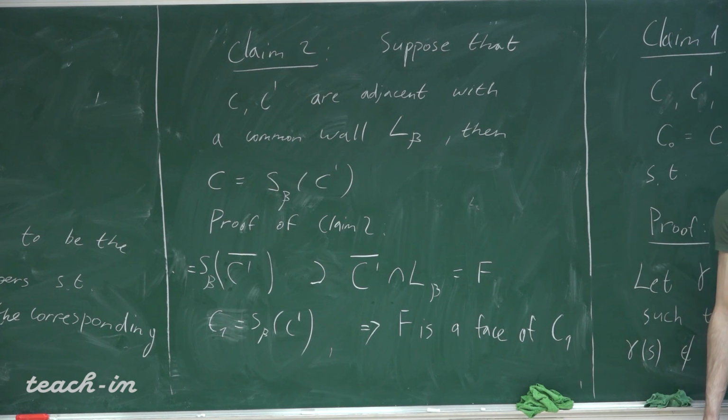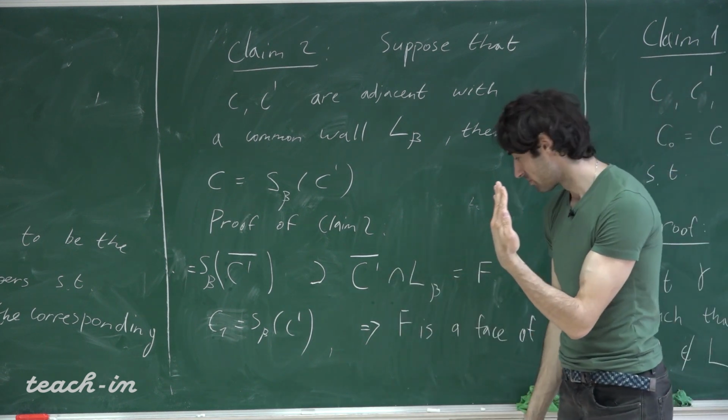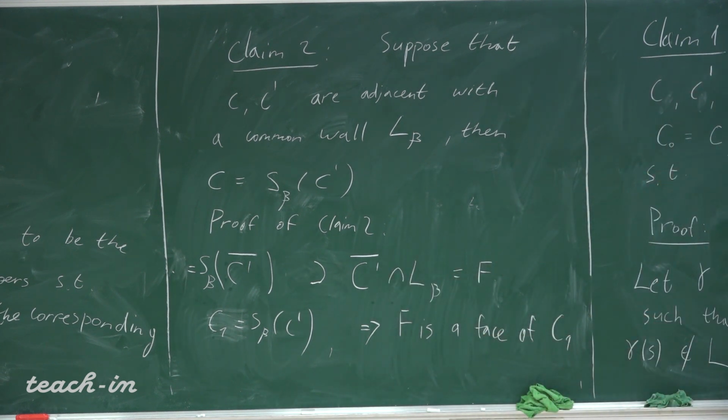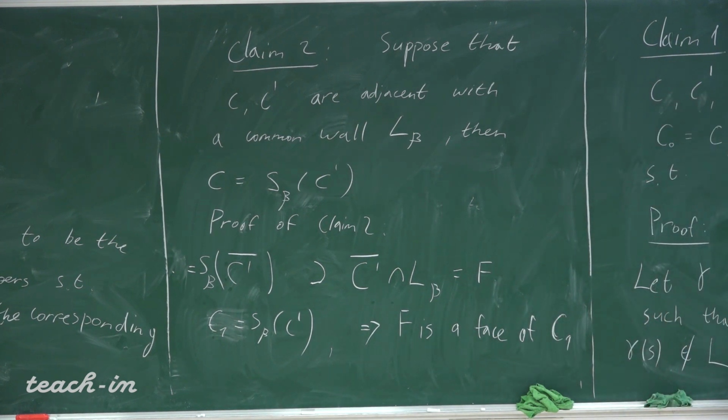So what's going on is that I have C prime, and if I consider the closure, I include the face that it shares with C. When I consider reflection with respect to beta, this face is not changed. So therefore, it's also a face of C1. So F is a face of C1. Okay.